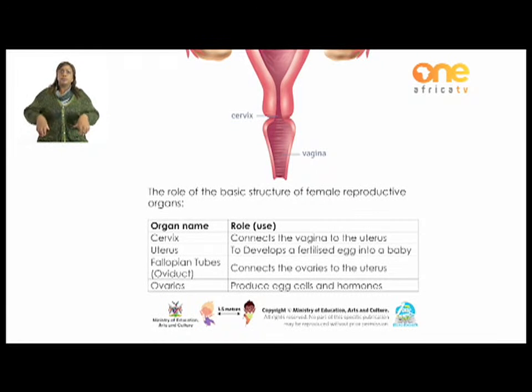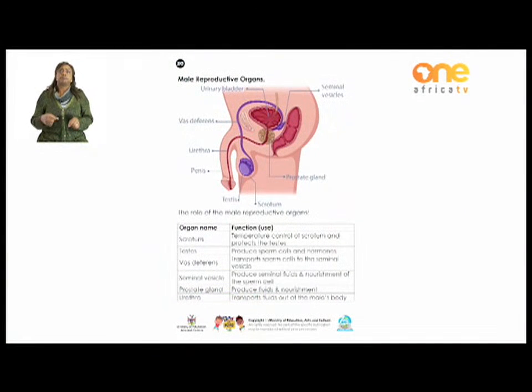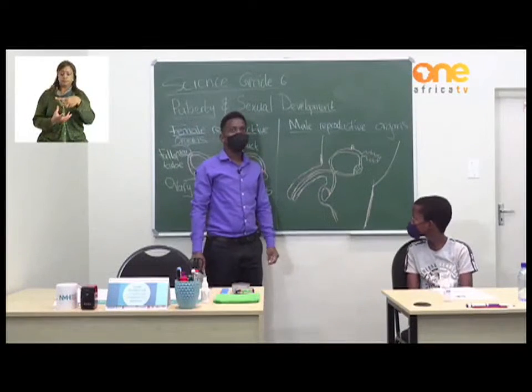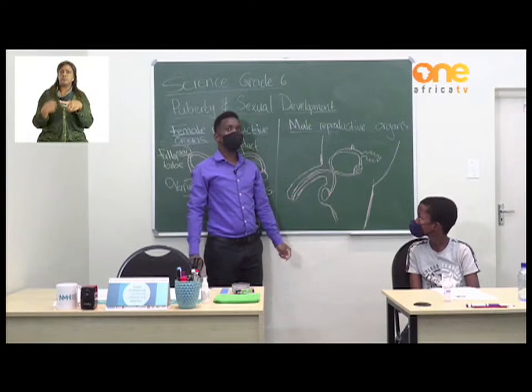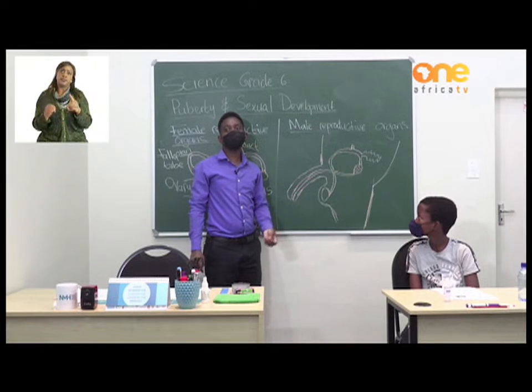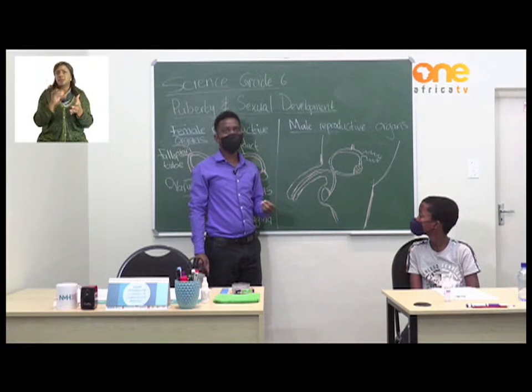Let us now turn over to page 20, where we will now look in detail at the male reproductive organs. Now, if we turn to the chalkboard, we will find that the male reproductive organ can actually look a little bit complicated when it comes to labeling it or following its structure.